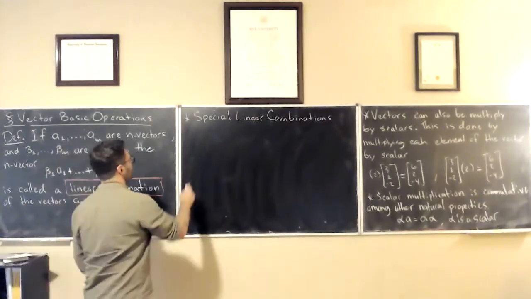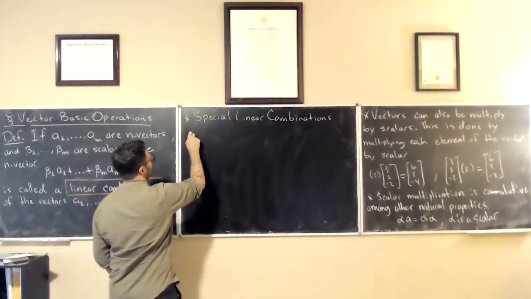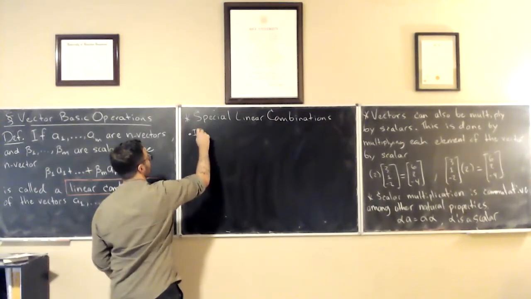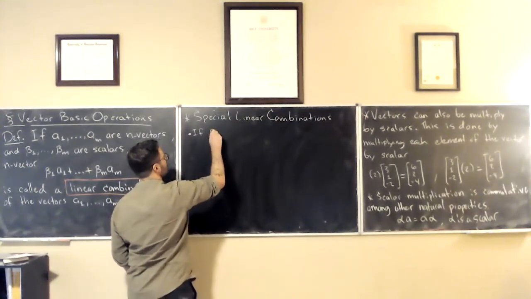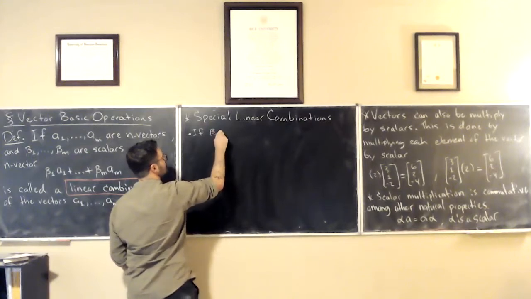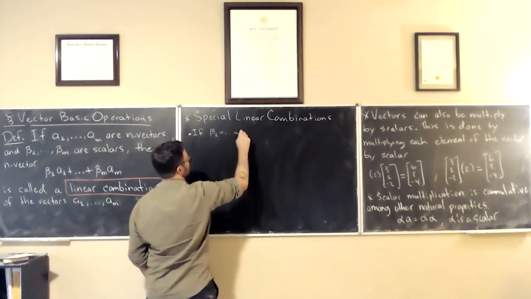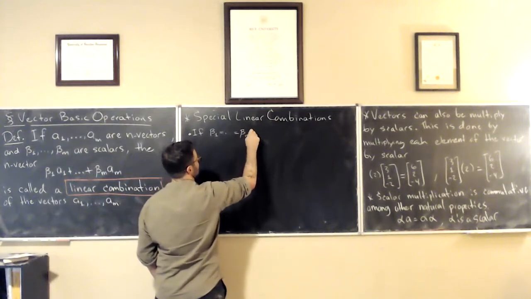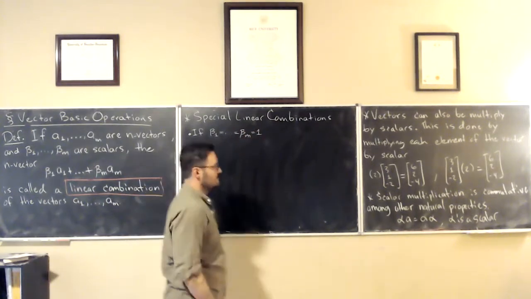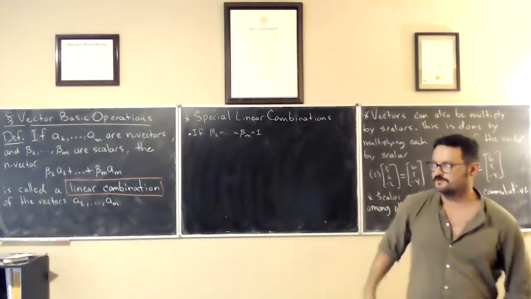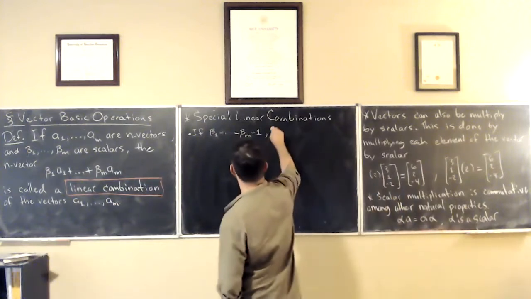If beta 1 equals dot dot dot equals beta M, if they all equal 1, then this linear combination is just the sum, right?